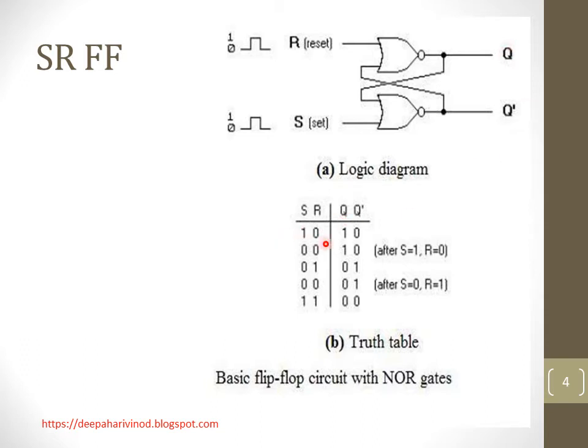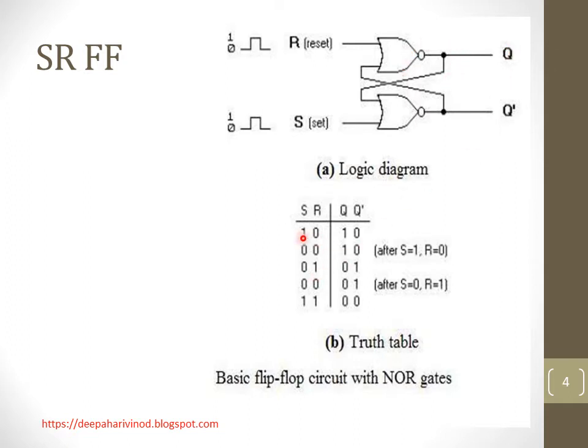When S is 1, output is 1, and when R is 1, output is 0. If we provide the inputs S and R as 0 0, whatever the previous state was, the same will be retained.